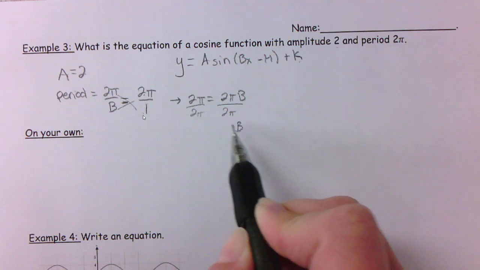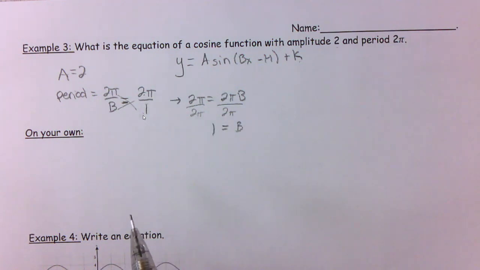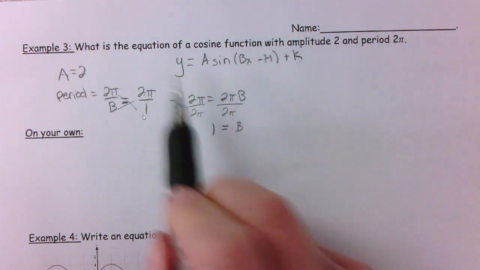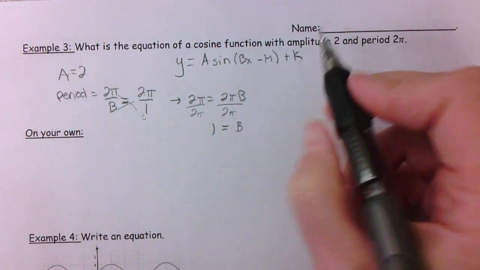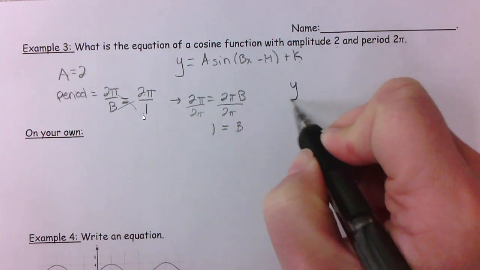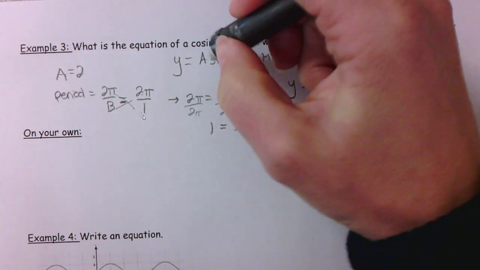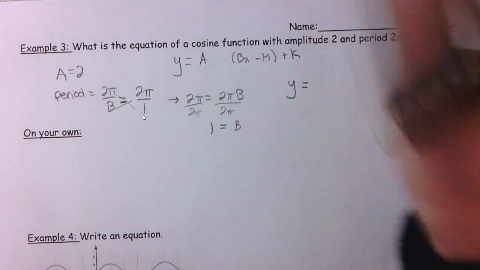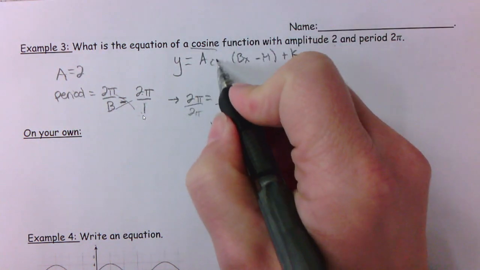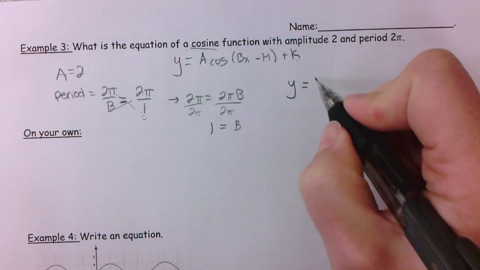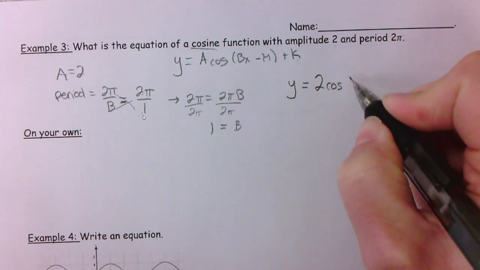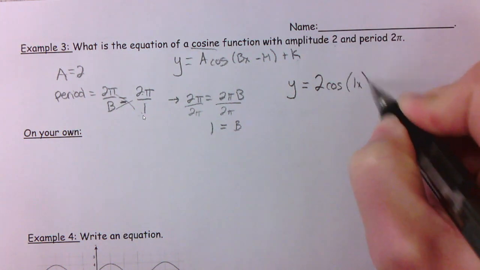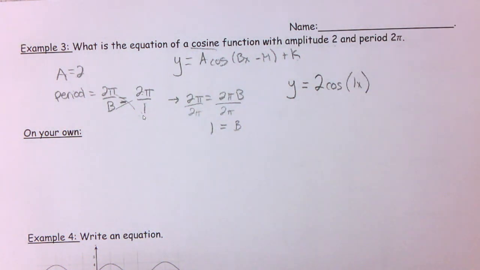And then b is 1. Okay, we don't really ever worry about h or k when we're doing these types. So then if I write my equation, the final answer is y equals, should have wrote cosine up here because it's a cosine function. So a is 2 cosine of 1x, and we don't worry about anything else.